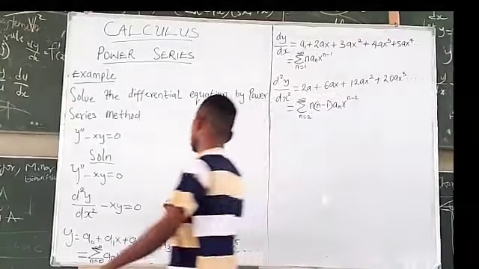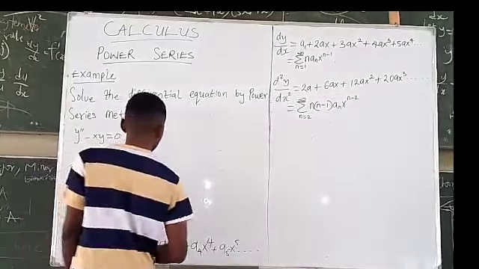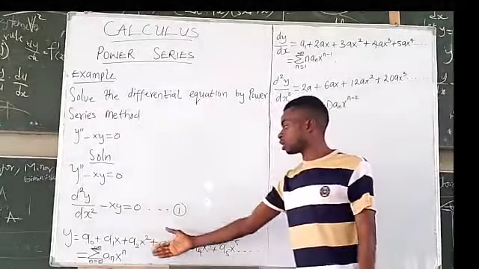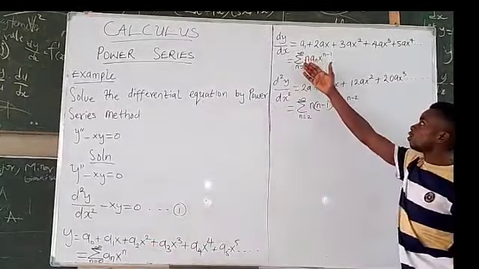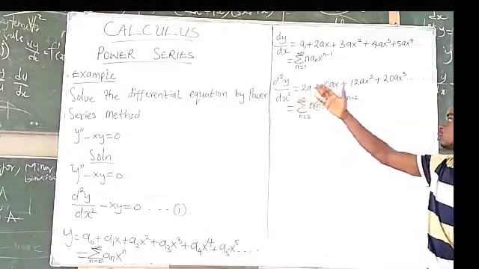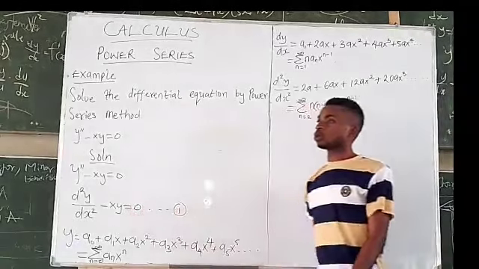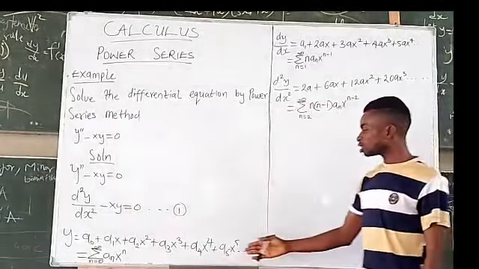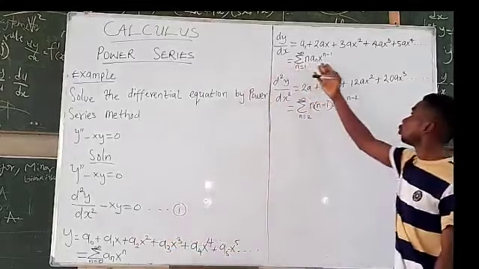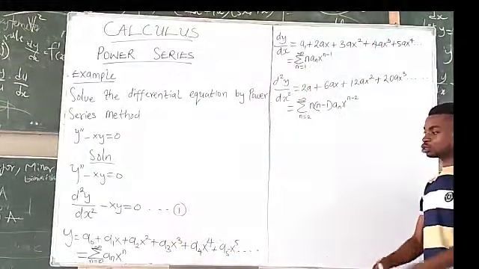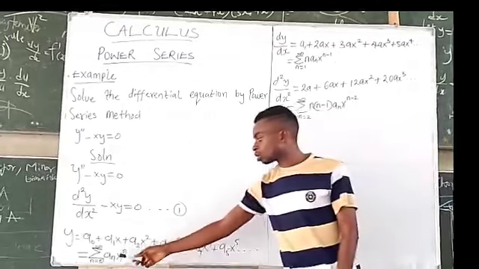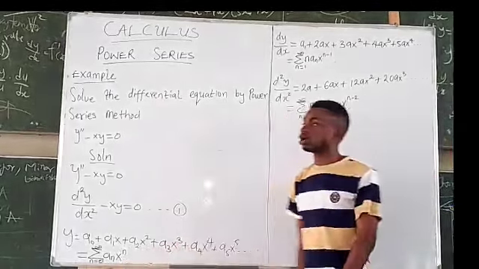Let's say this is equation 1. We're going to substitute the values of y, dy/dx, d²y/dx² into equation 1. But putting all this into equation 1 will look very lengthy, so we are going to use our results.